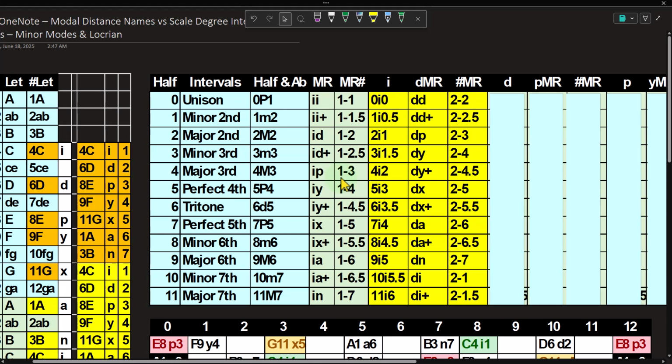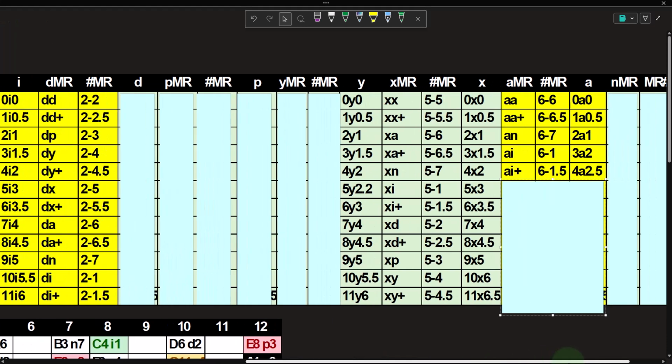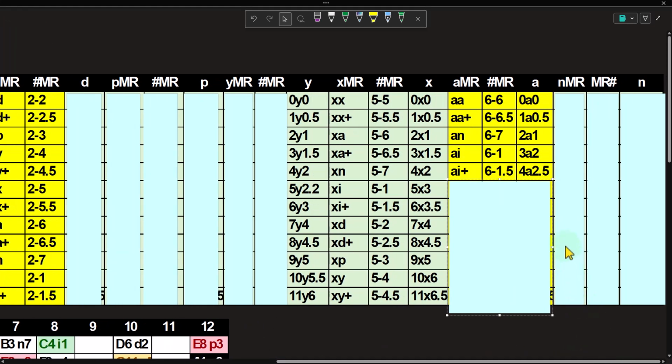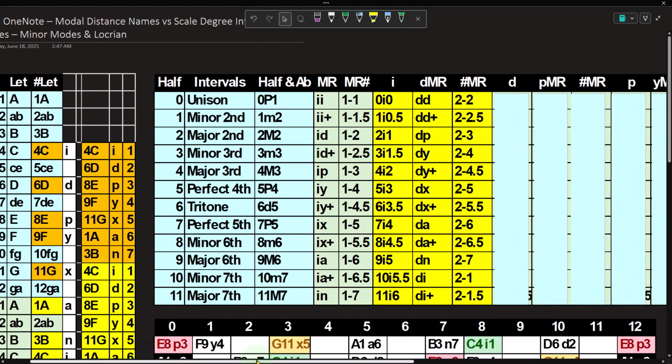So it's 2.5, which you would think would be a 3 scale degree. Well, you think it'd be 3.5, but what is it? It's a 4 note away major third.